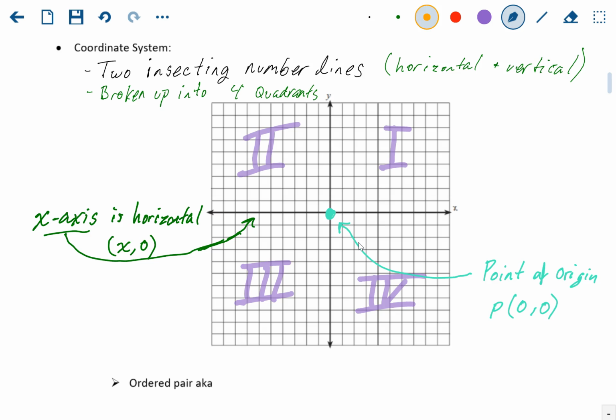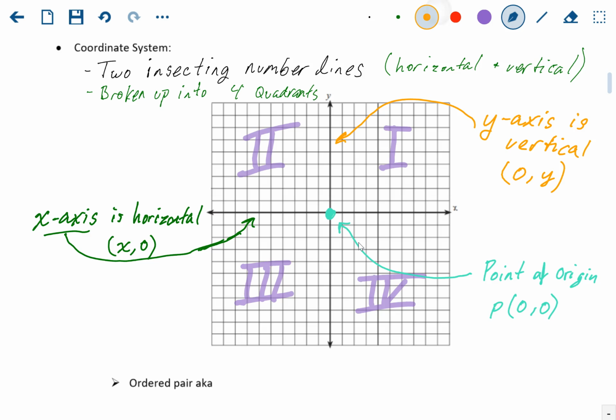And then the y-axis. The y-axis is vertical. This is the y-axis. And any point on that axis is 0, comma y.